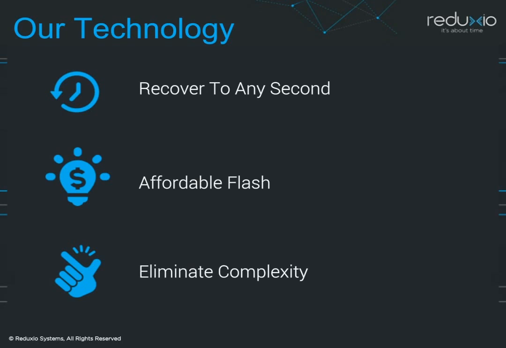Of course, we focused a lot on performance, as you will see in the next slide, with some example performance results from our customers. We tune our use of Flash.